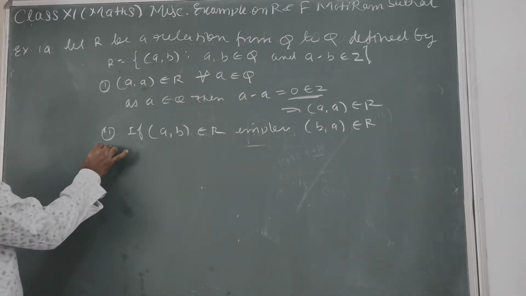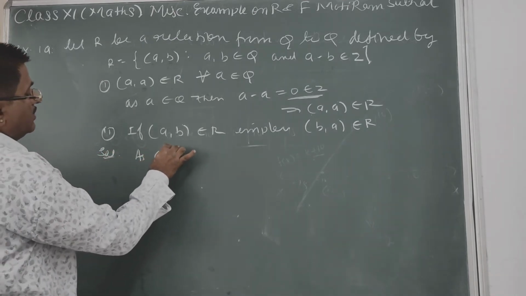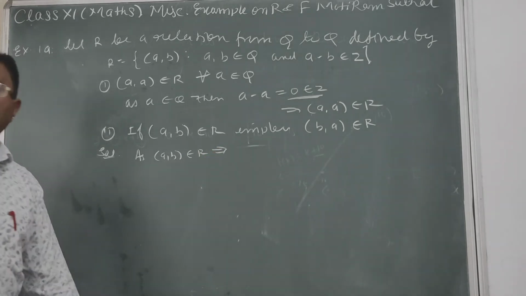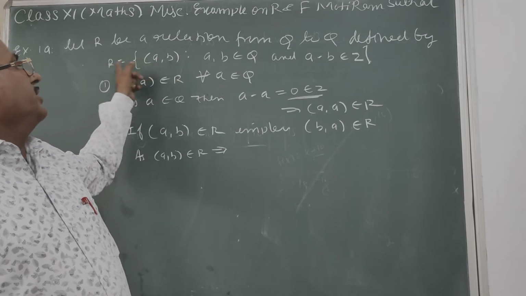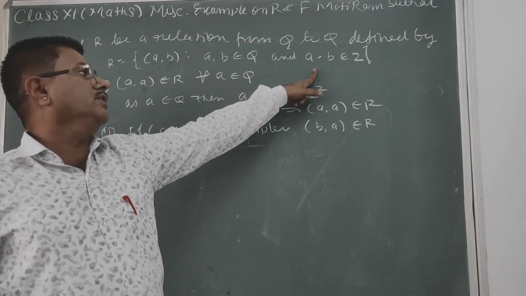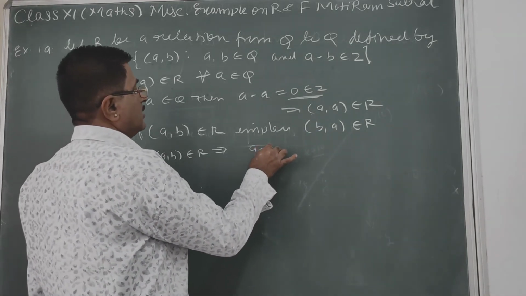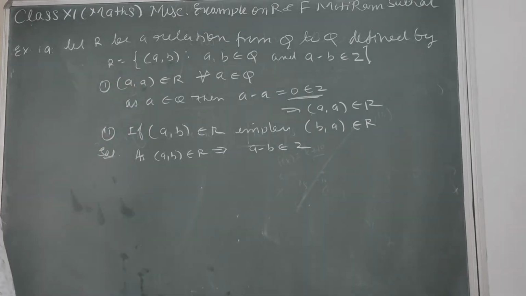Now see, in the solution you write as we are given ordered pair A, B belongs to R. Then the relation says A minus B belongs to Z. It means the difference of A and B should be an integer.